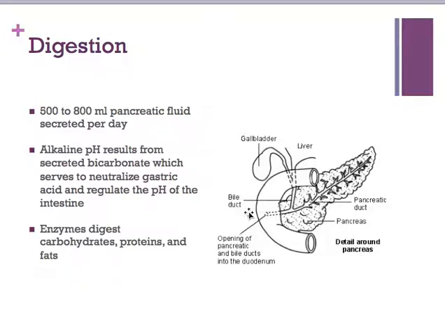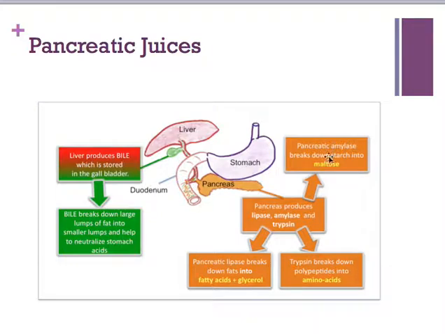And those digestive products include our trypsin, our lipase, and our amylase to digest the various macromolecular structures in food, so carbohydrates, proteins, and fats. So all of the different pancreatic juices are here, and that's just important to keep in mind as we think about the way that the pancreas interacts in both an endocrine and exocrine function with the physiology.